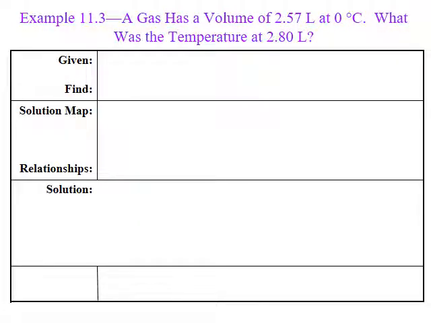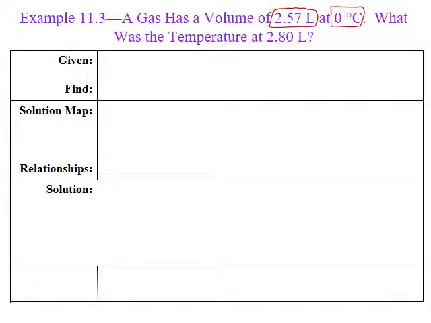Okay, the next question is right here. A gas has a volume of 2.57 liters at 0 degrees Celsius. What was the temperature at 2.80 liters? So what's given to us is the volume of a gas at 0 degrees Celsius.